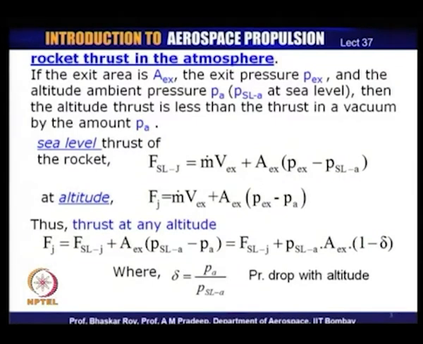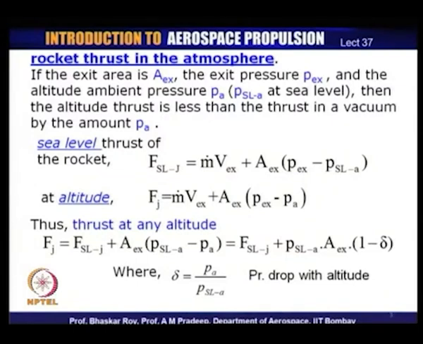Now, this boils down to the second term as, if you take P_SLA out of the bracket, a term 1 minus delta, and this delta is nothing but the pressure drop with varying altitude of operation. This can be obtained from any normal atmospheric charts or tables that are available, and hence it is comparatively a known or easily knowable parameter.